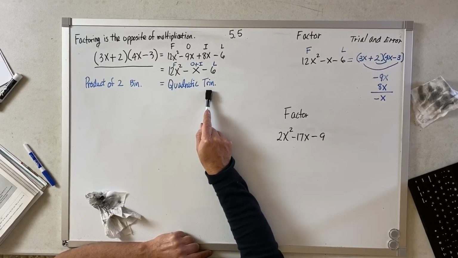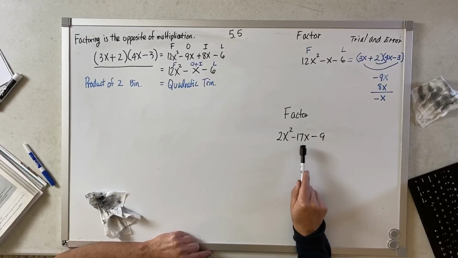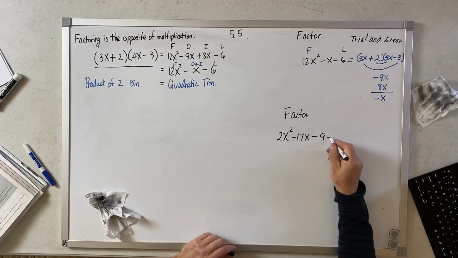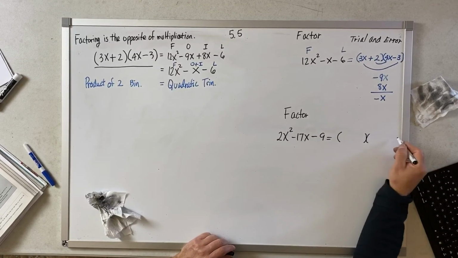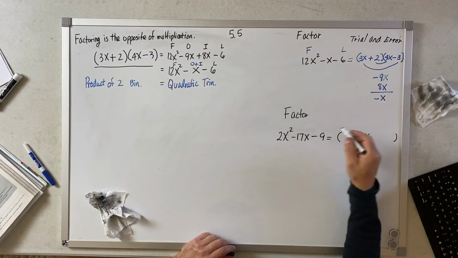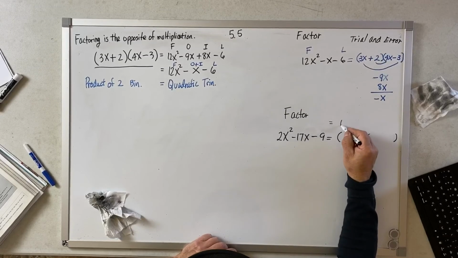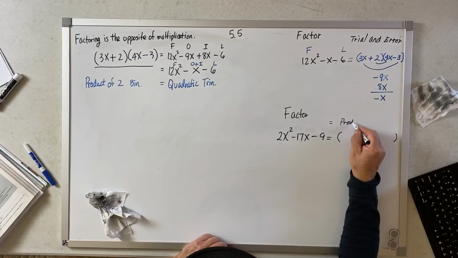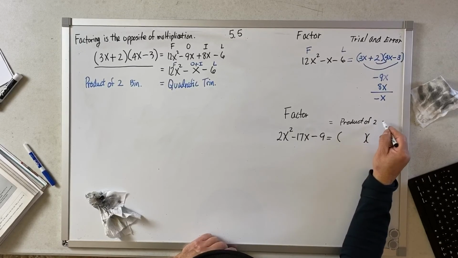Look. So this quadratic trinomial right here must be what? The product of two binomials. So this quadratic trinomial equals the product of two binomials.